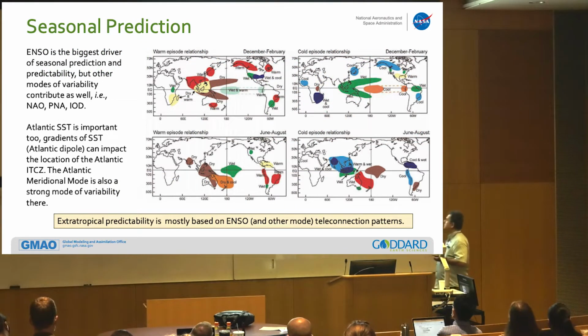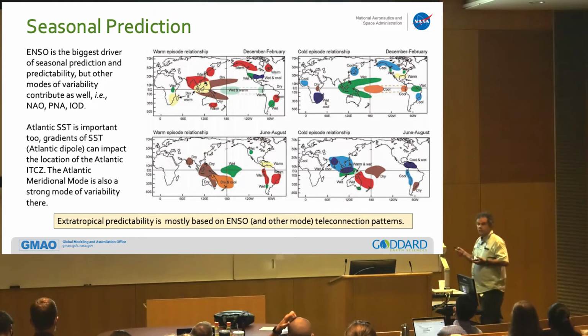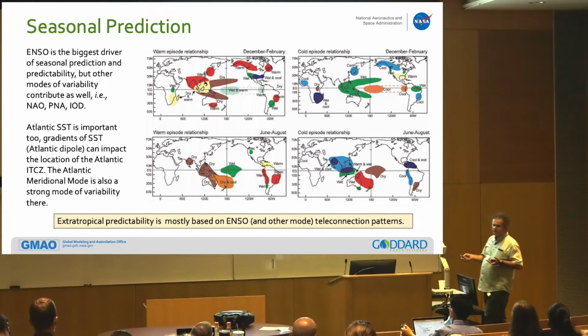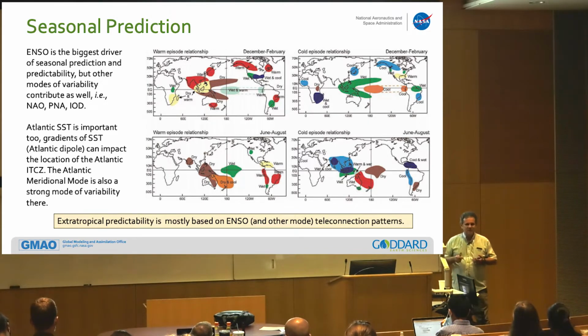Not much about seasonal prediction here. So far, most of it is related to the ENSO timescales, right? And predictions are typically 6 to 9 months. And they are, because as you know, for atmospheric predictability, the initial condition of the atmosphere doesn't really matter, right? You're way beyond the predictability limits.